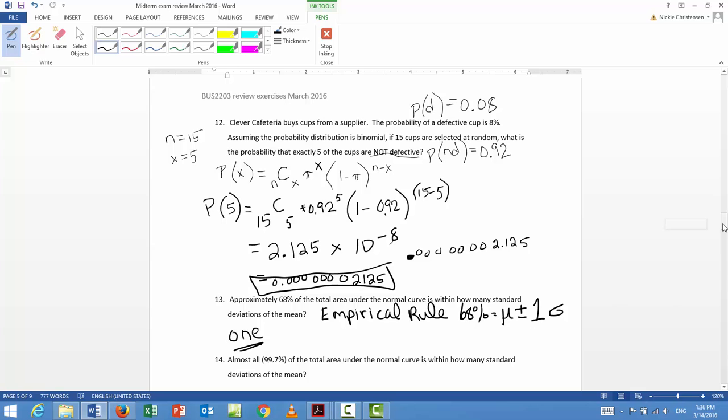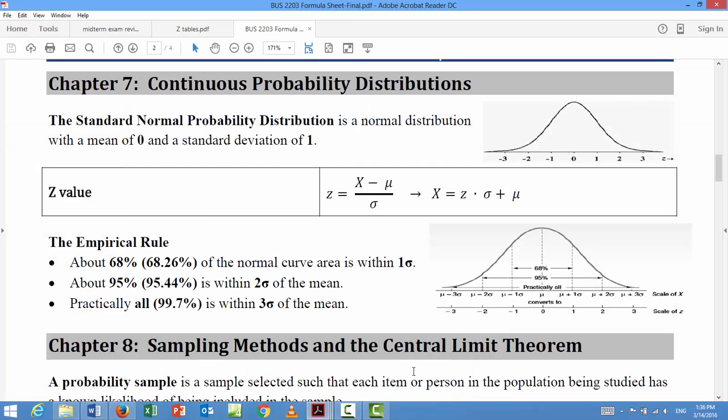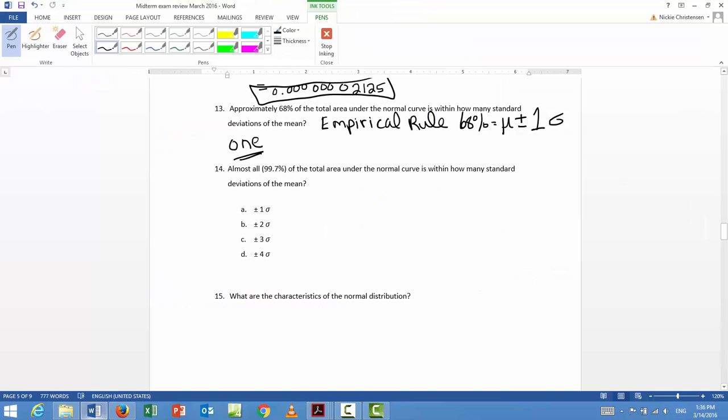All right, question 14 is related to the empirical rule. They've asked, almost all, 99.7% of the total area under the normal curve is within how many standard deviations of the mean? Well, if we just look back at our formula sheet, and really you should know this if you've been paying attention in class, 99.7% of the data is within 3 standard deviations of the mean.